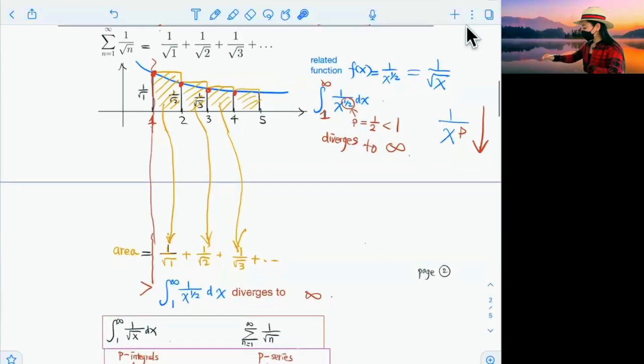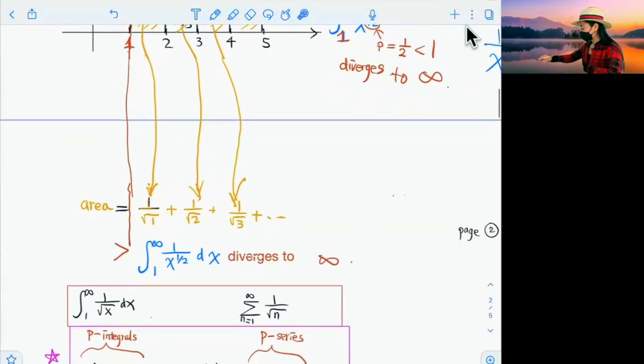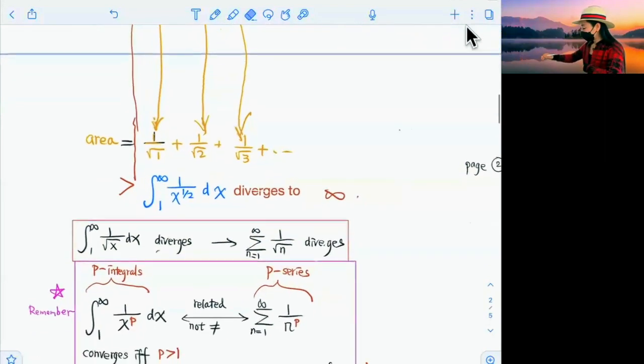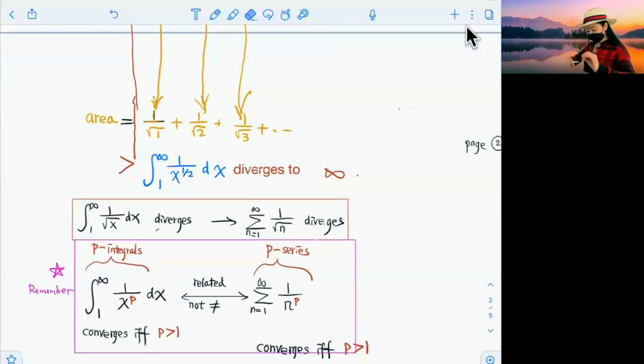Now we write down the observation that we have. This series over here diverges, actually diverges to infinity. Doing the comparison, we know that this P series over here also diverges. Actually we can prove it by a similar method.